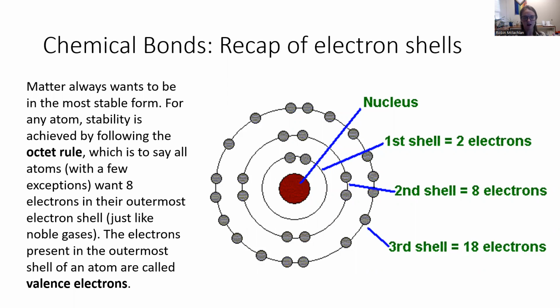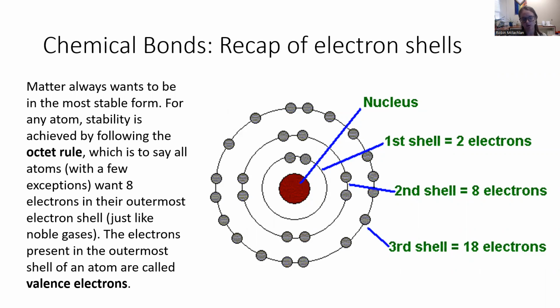So when we think of an atom, it's got a nucleus, which has protons and neutrons. And orbiting that nucleus is its electrons. And electrons orbit in layers, kind of like an onion, right? There's these orbital shells. And the larger an element is, the more electrons it has, the more orbital shells it's going to have. Now, the electrons in the outermost shell we call valence electrons.